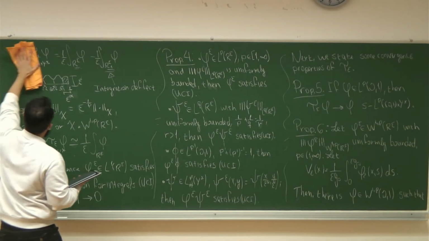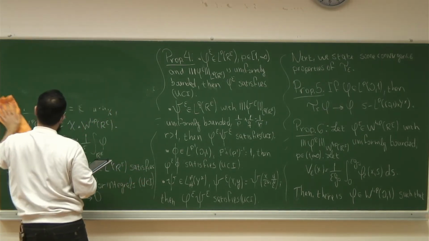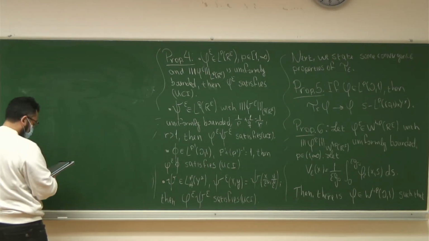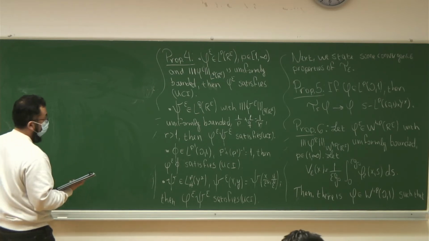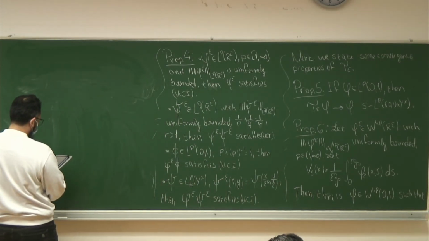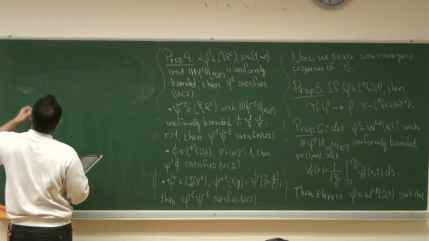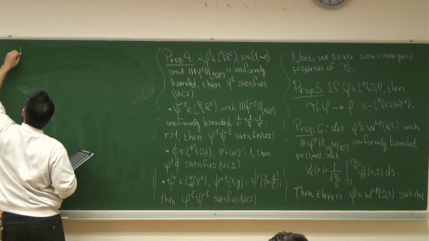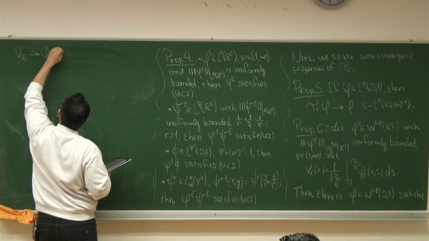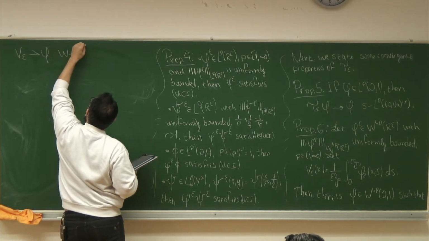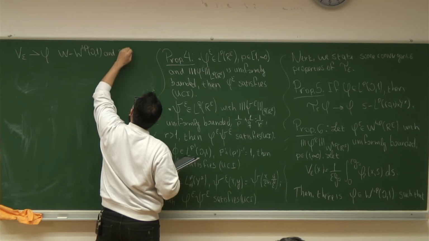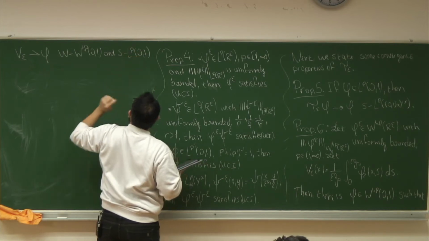So then there is a unidimensional function here, such that V epsilon converges to phi weakly in W1P of 0, 1, and strongly, of course, in LP of 0, 1.